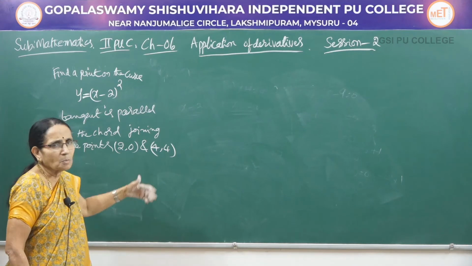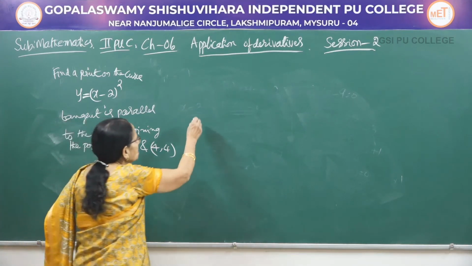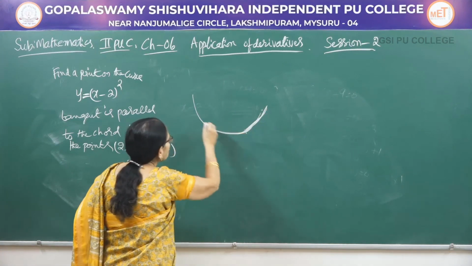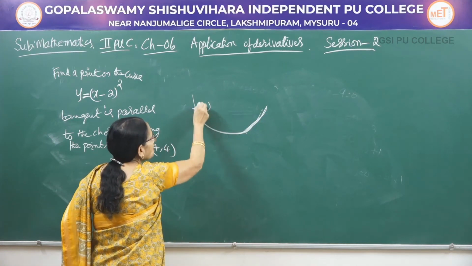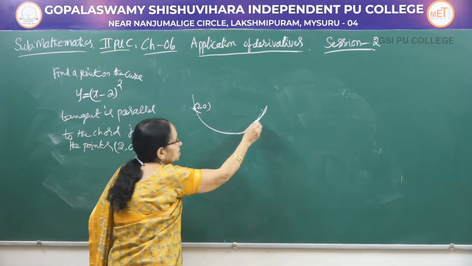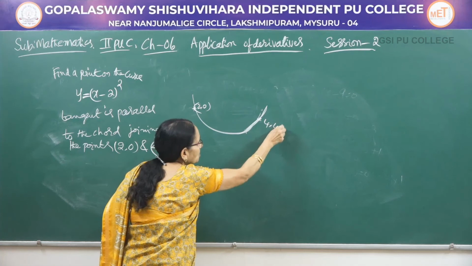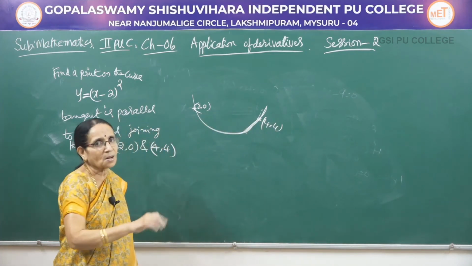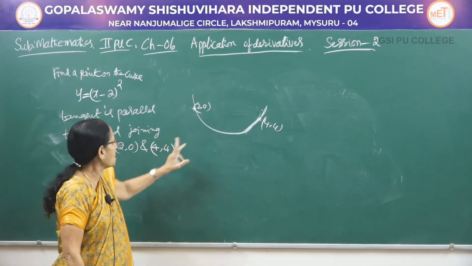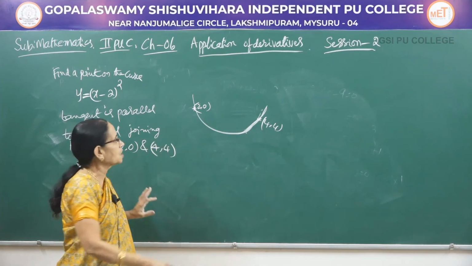So let us take some curve, this is the curve we are having. Now there is a point here. A figure is not necessary, I am just drawing it to make you understand. This is the point 2, 0 and this is the point 4, 4. I have not written the x and y axes. Let us take 2, 0 as a point on the curve and 4, 4 as a point on the curve.